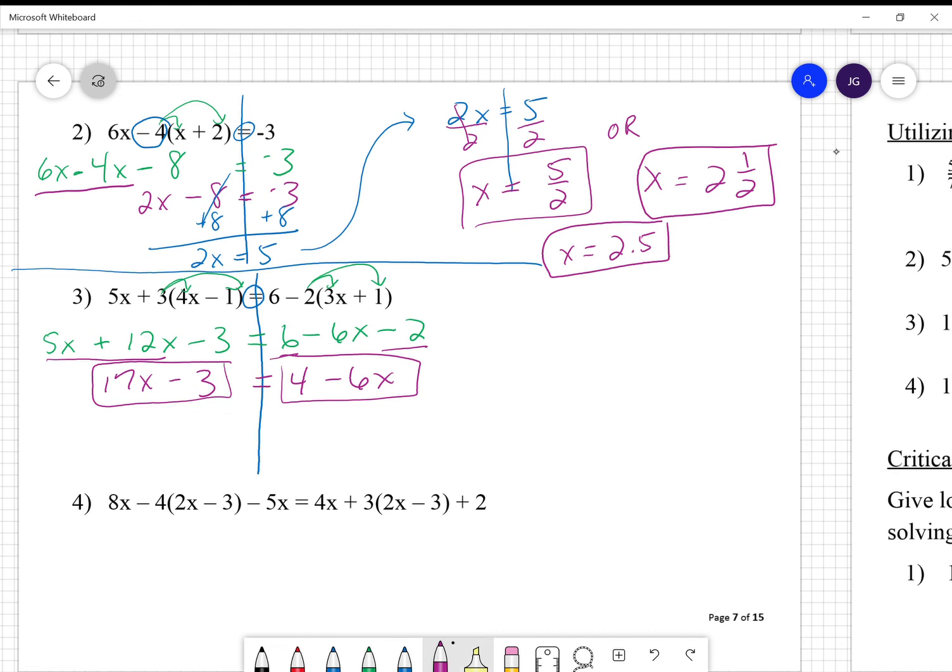So now I'm going to look at my variable terms. I have -6x and I have 17x. Which one is smaller? -6x. So I'm going to move that by adding it. I get 23x minus 3 equals 4.